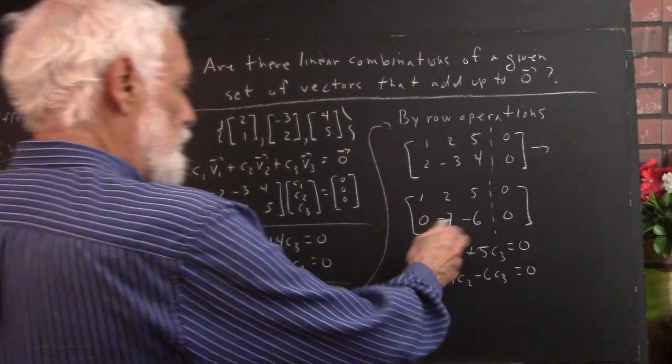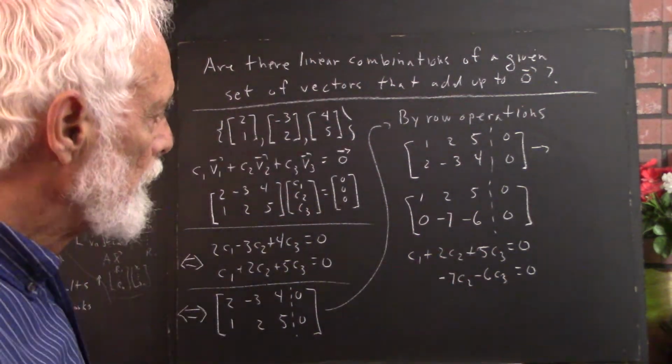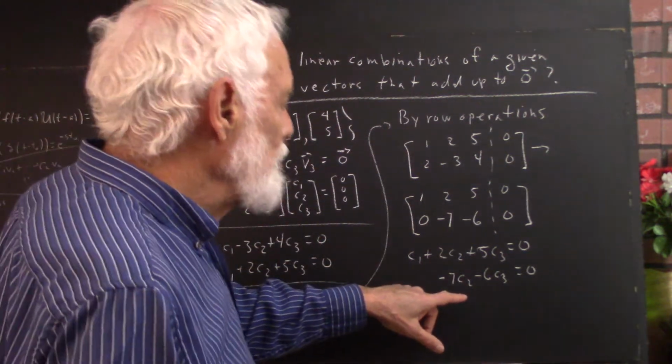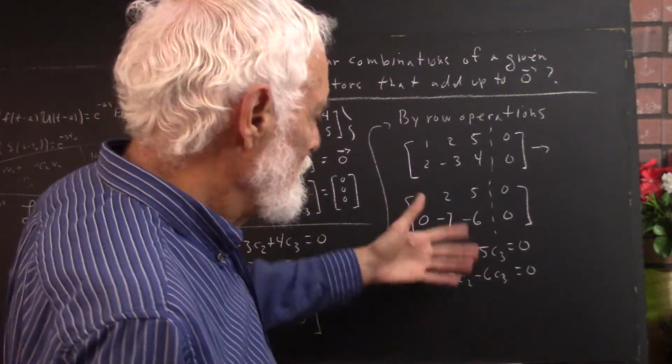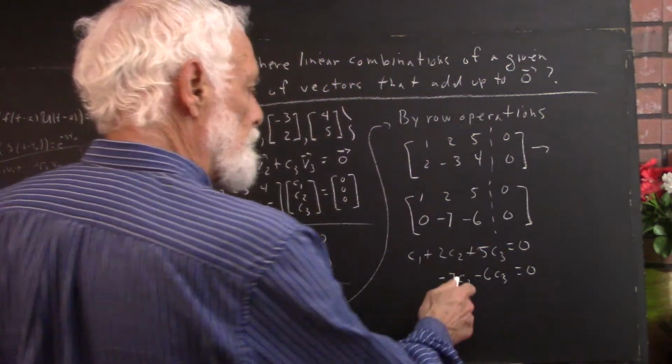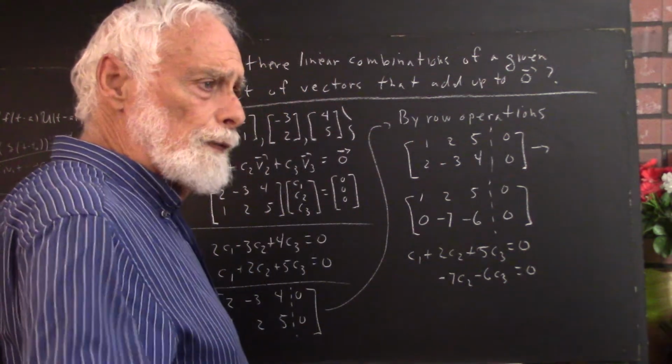I was tempted to change the signs there to make them both positive, but no need. And we see that this equation, we can't reduce this any further. This equation is going to have a free variable.